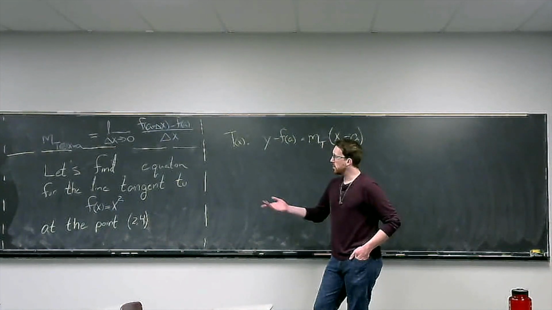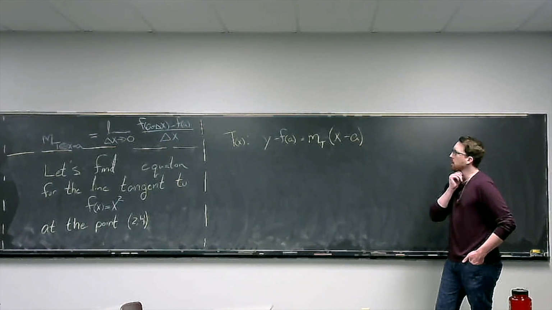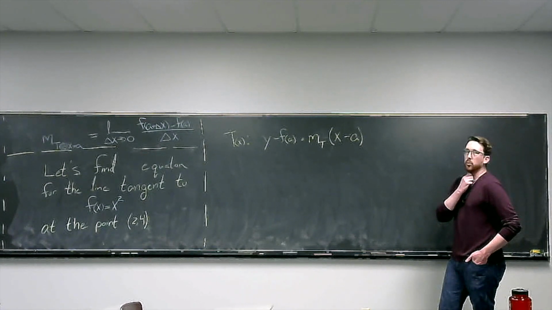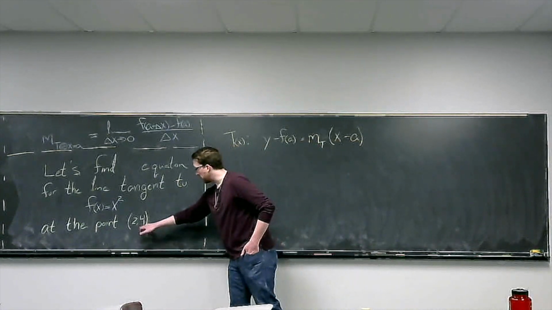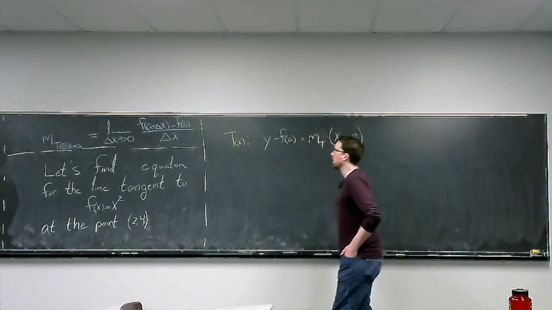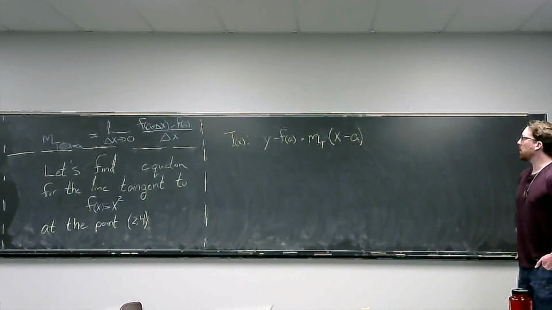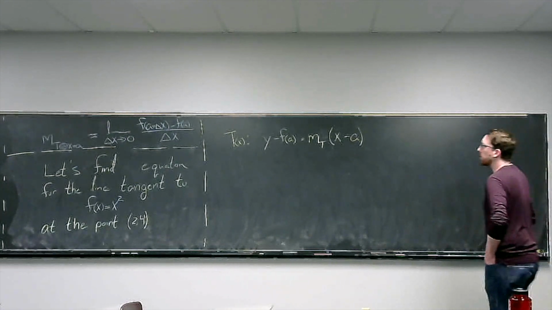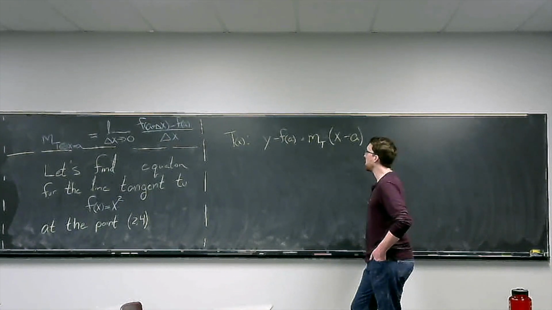All right, so starting off with a quick example, let's say we wanted to find the line that's tangent to the function x squared at the point (2, 4). How would we go about that? Well, we'd start off by saying, we know we could put that tangent line in point slope form.